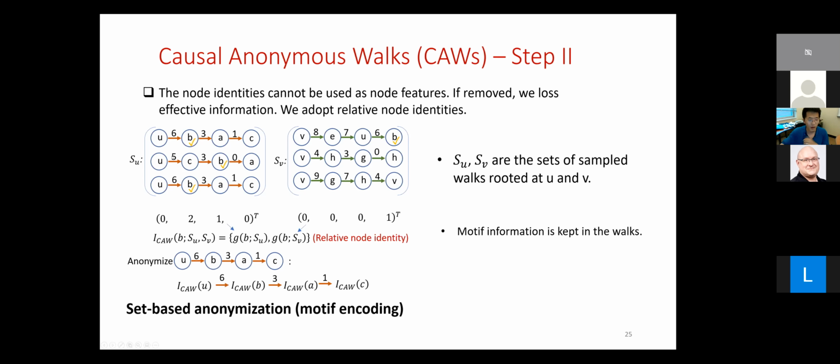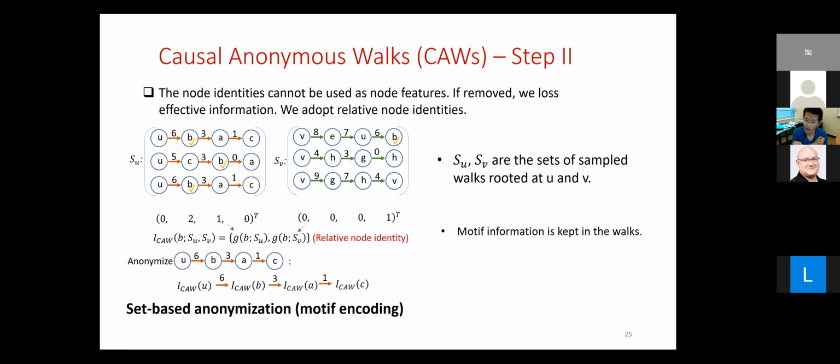Once we have these relative node identities for each of the nodes that appear on the walk, we switch them back in. We call this procedure anonymization. Then we transform the original random walks into anonymized random walks. You can imagine this relative node identity somehow keeps the graph structure, or the motif structure.